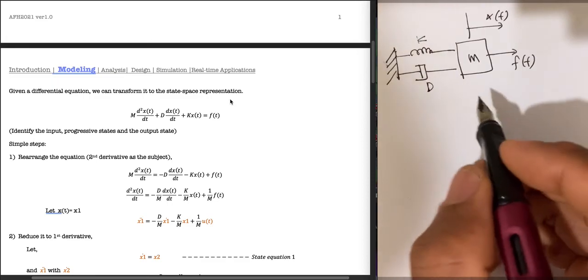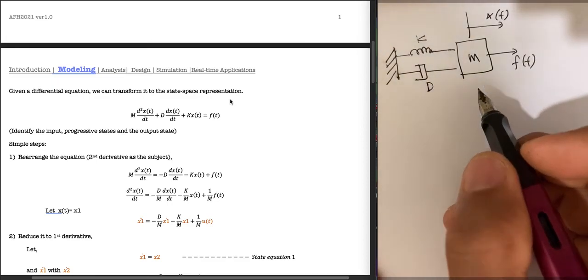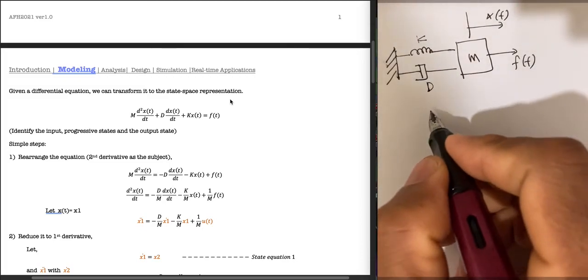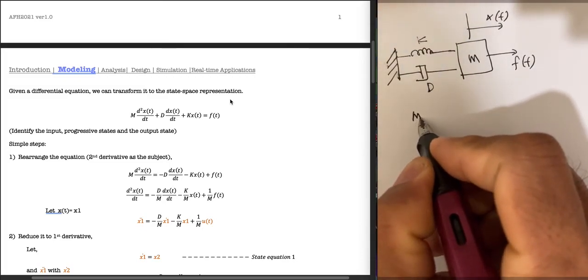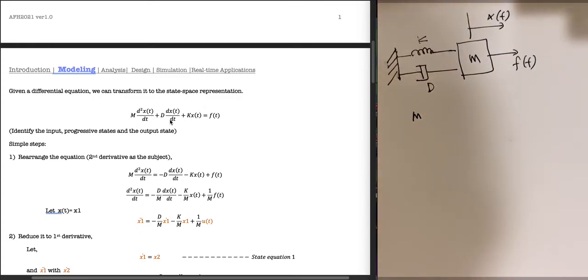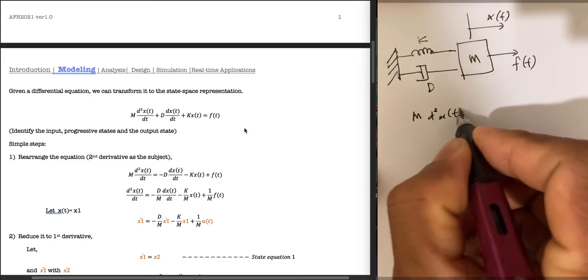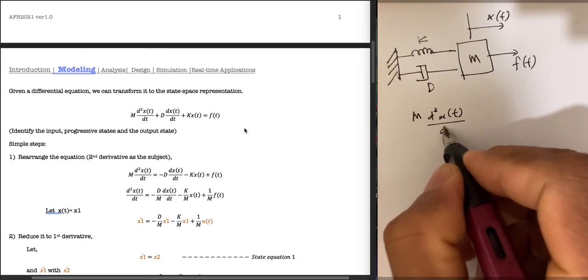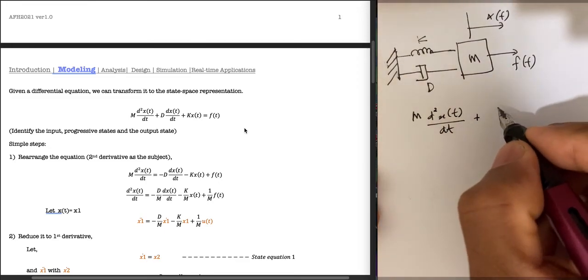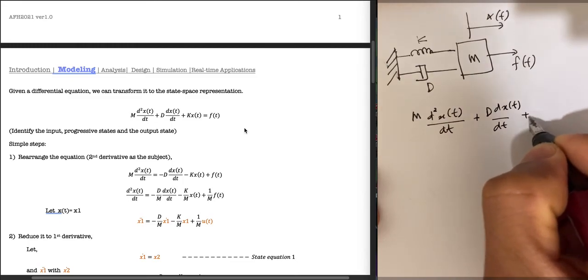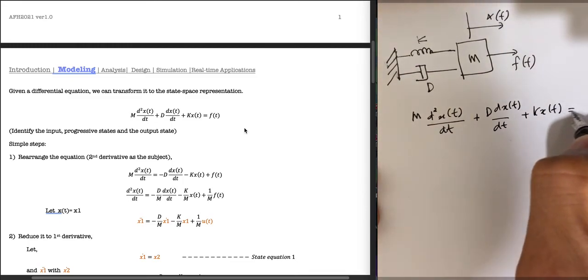We can derive this using Newton's second law of motion, which produces the representation as a differential equation: m d squared x of t over dt squared plus d dx of t over dt plus k x of t equals f of t.